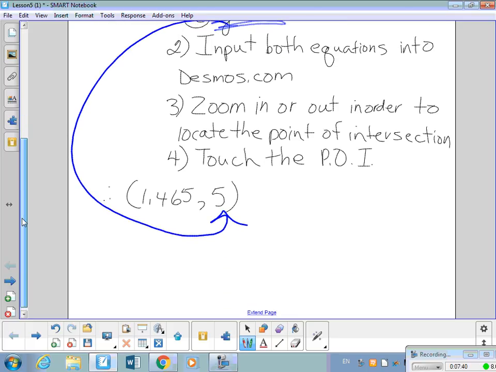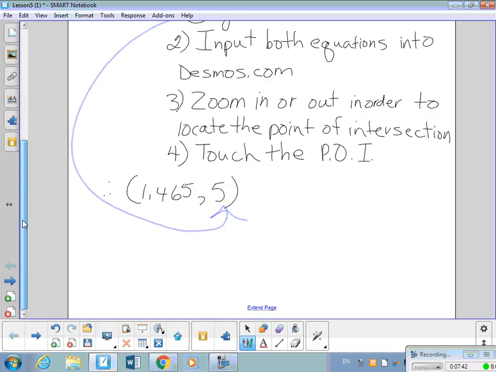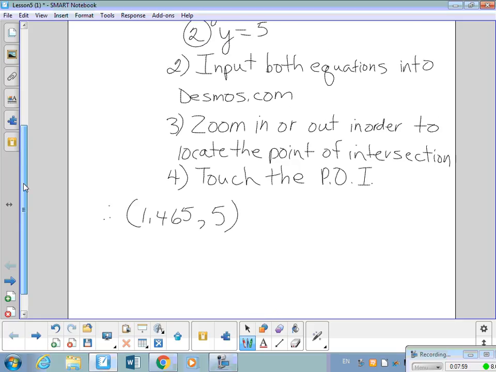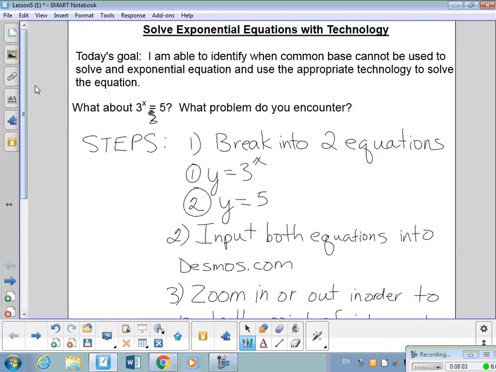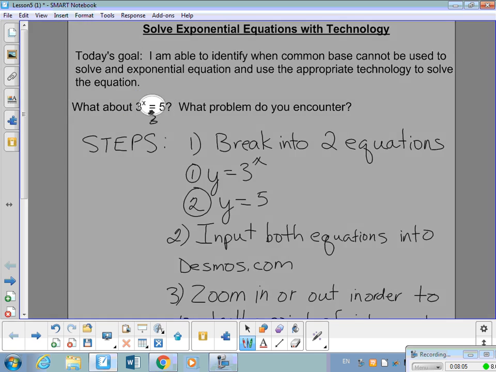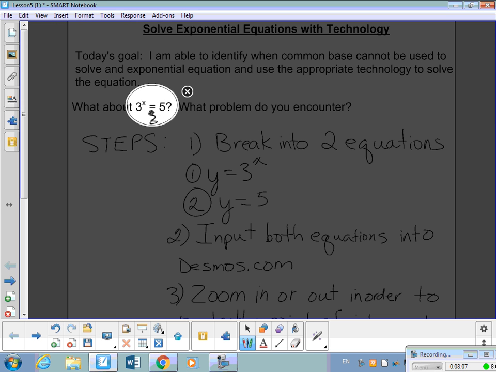So what we're doing here is finding the point of intersection using technology. Now, you've done point of intersection before in earlier grades because you did systems of equations. And with systems of equations, again, you're after the point of intersection. So really what we're doing is creating a system by taking our original question and making two equations and finding where they intersect.